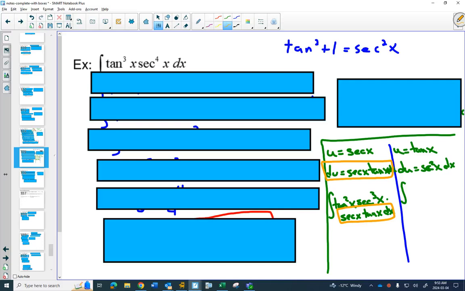If I make u tan x, then du, I would still have tan cubed x and secant squared x, and that would leave me with secant squared x dx.